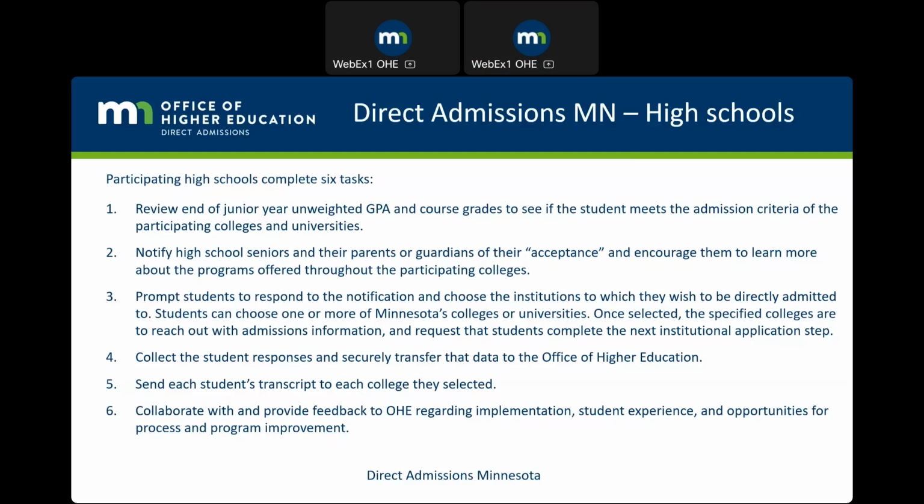And then we always welcome your feedback, as this is a true partnership and collaboration. And so providing that when asked, and also just informing us when things aren't maybe working as smoothly as they possibly could, or if you just have any ideas of how we continue to get this program to its best possible place for our students and families across the state of Minnesota.